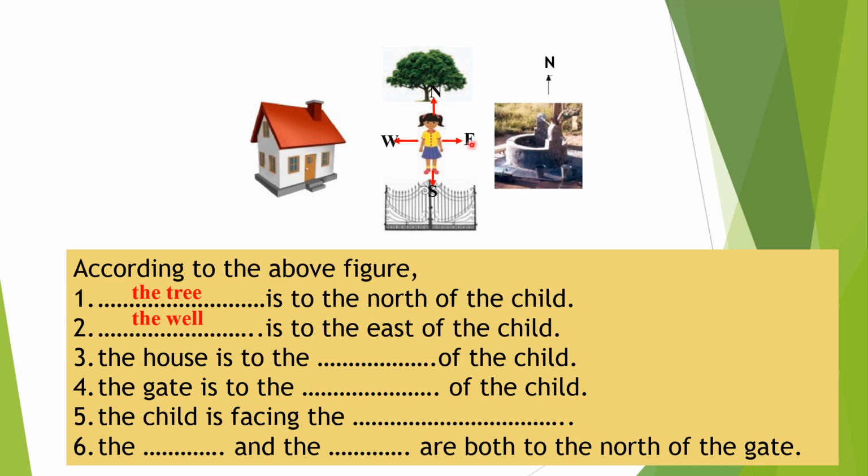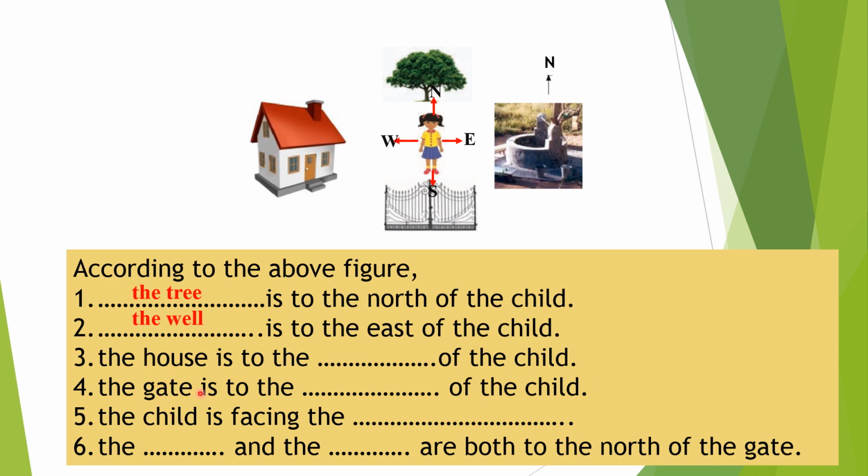Okay. Then third one: the house is to the blank of the child. Now our question has changed. What is the most suitable answer?